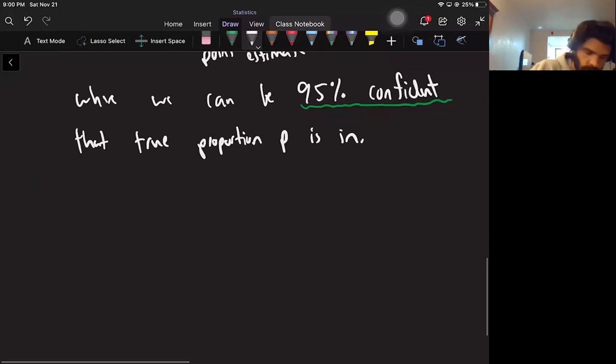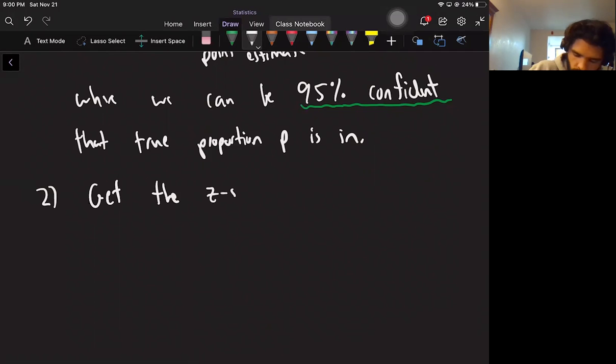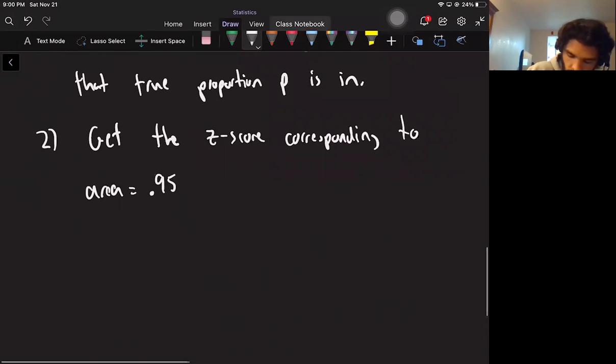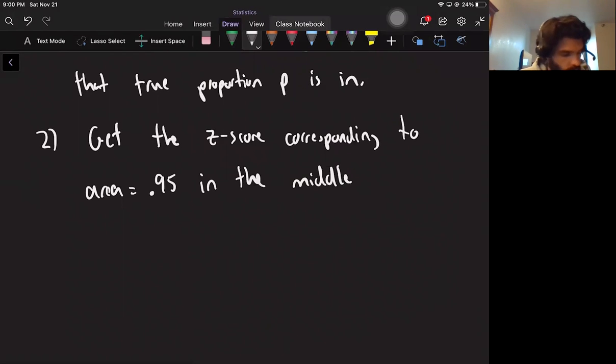Now we need to get the z-score corresponding to an area of 0.95 under the bell curve in the middle.